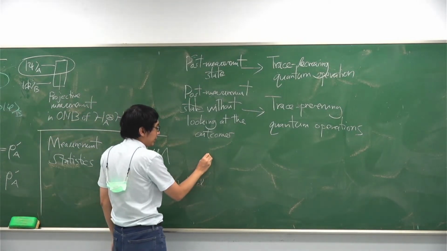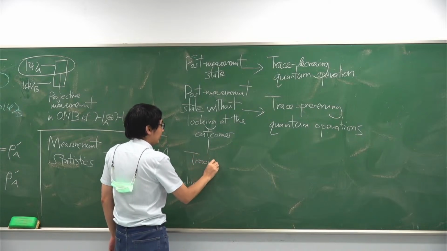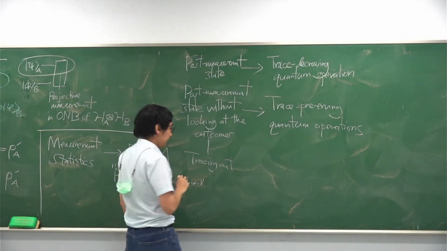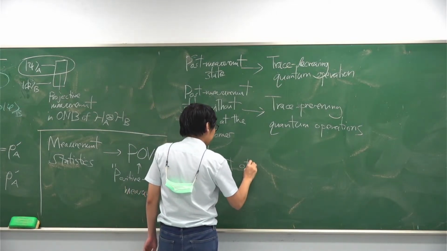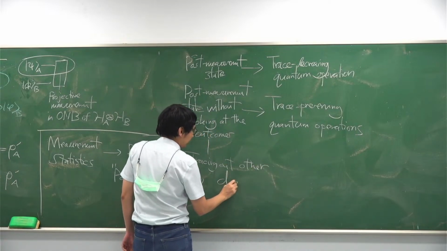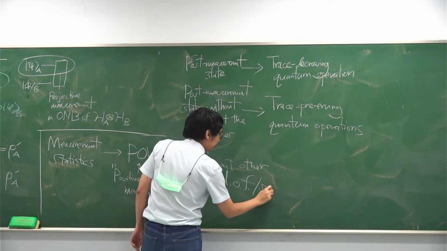So we also see that this is sort of equivalent to just tracing out the other Hilbert space completely, the other degree of freedom or system.